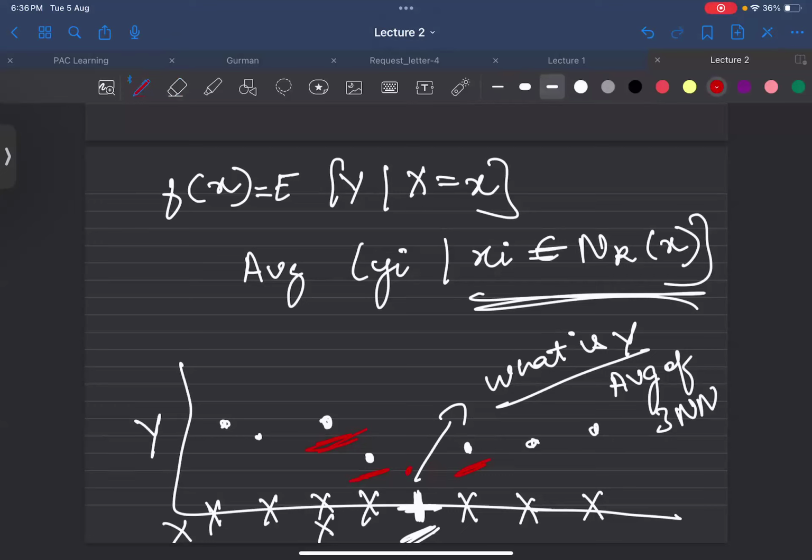So this is basically the output. Now suppose the input is this. Then also the output will lie here only, which means the y is basically constant at this point. Am I making sense to you guys, or is it difficult to understand?